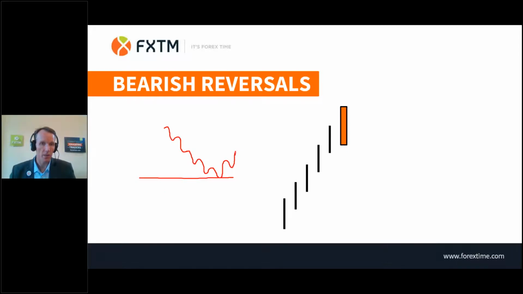But then the structure changed again. It started making lower tops and bottoms, and we assume she started adding positions there, and then the structure just never changed again. It sliced through that support level like a hot knife through butter, and there was a massive drawdown on her account.